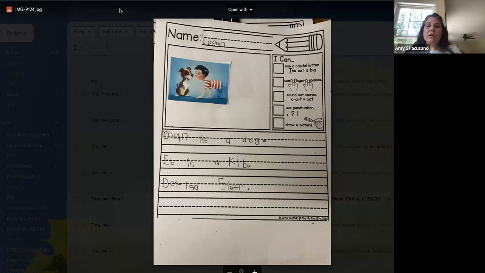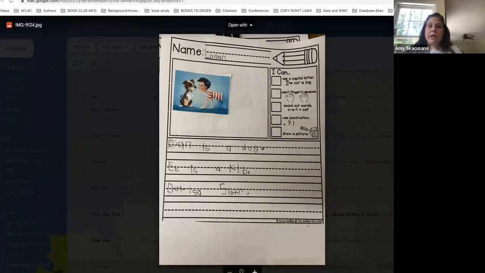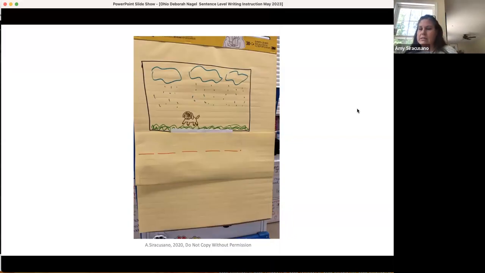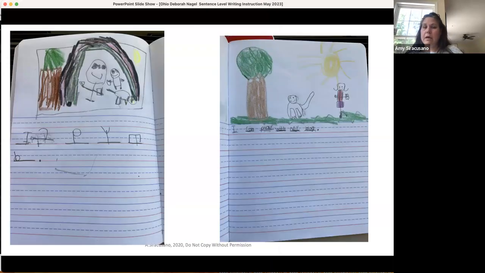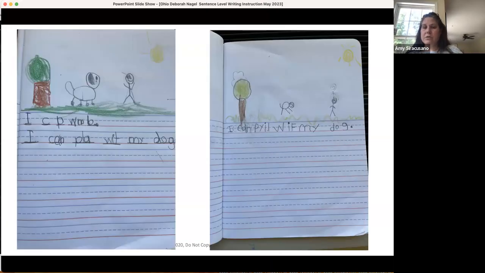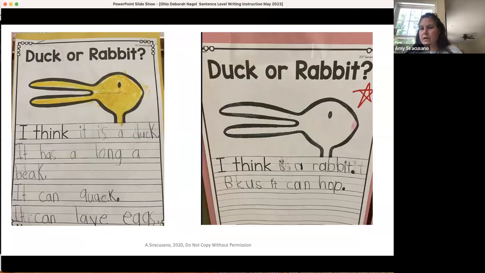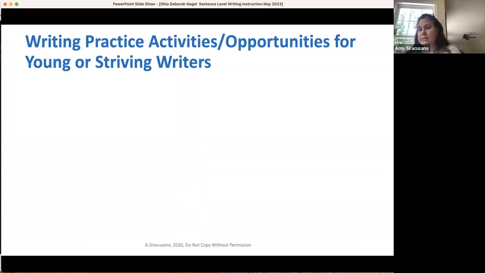And I would say kindergarten teachers are pretty astute to know how much their kids are ready for, most of the time. Sometimes other teachers hold back a little bit, but kindergarten usually is pretty good about figuring that out.